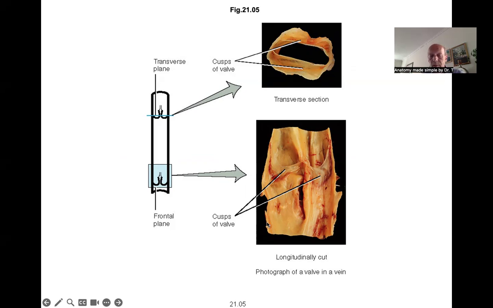I believe that with the longitudinal cut in the lower picture, you can see even better why I compared the valves to some kind of pockets that are attached to the main wall of a vein. These pockets get filled up with blood, forcing the cusps of a valve to come closer to each other until they fully and completely close the vein, making sure that the blood can only flow in one direction, from distal to proximal direction, or closer and closer to the heart.